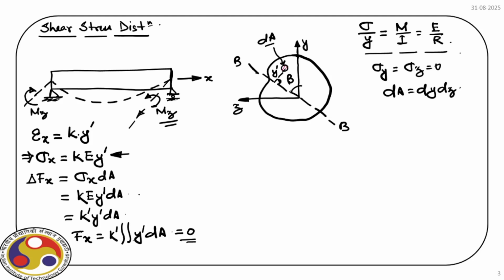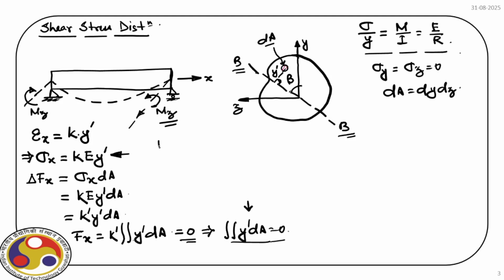What it indicates is that the double integral of y prime dA is equal to 0, and that defines the neutral axis or centroidal axis BB. This is nothing but the first moment of area about the centroidal axis.